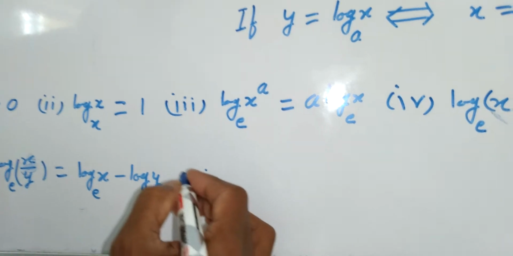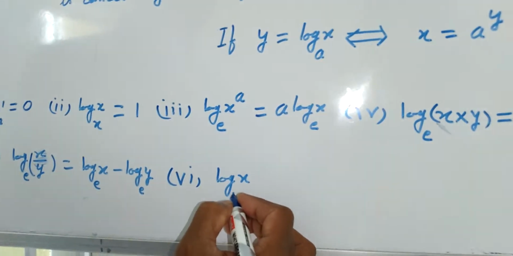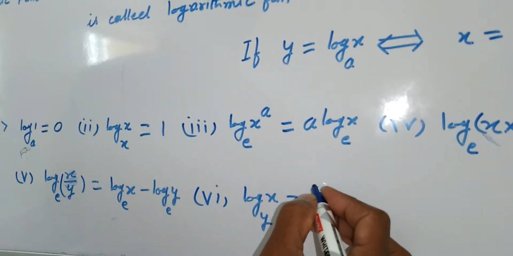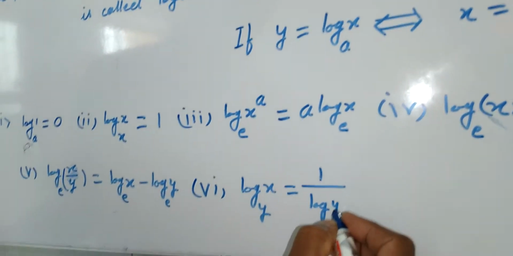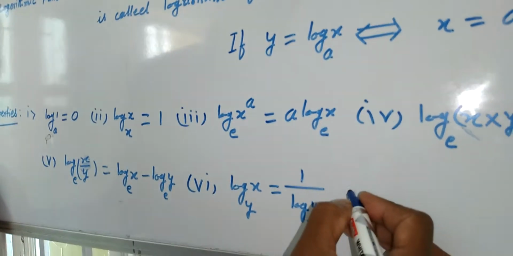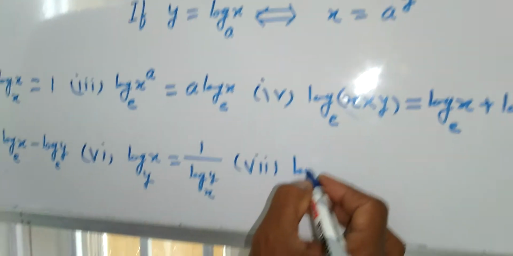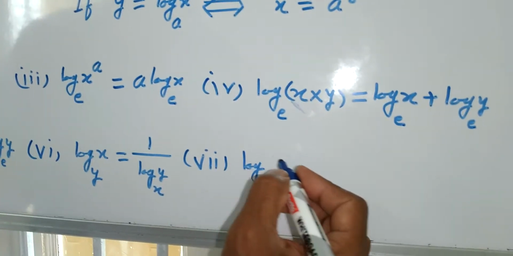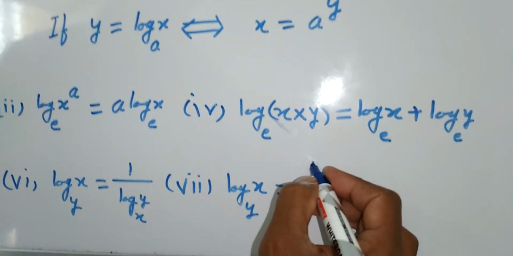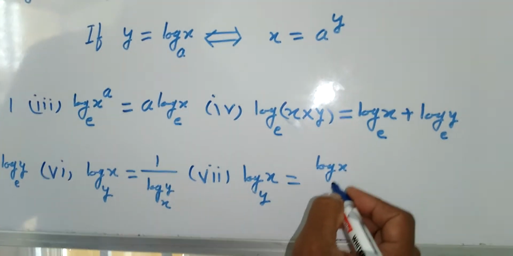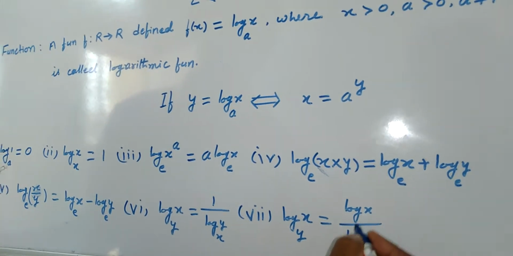The sixth property is log x base y is equal to 1 by log y base x. And the last property of this is log x base y is equal to log x by log y to any base e.